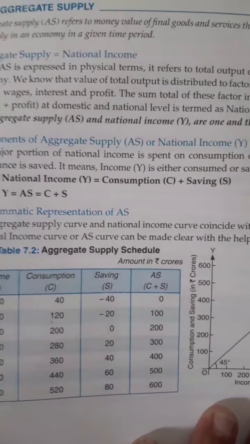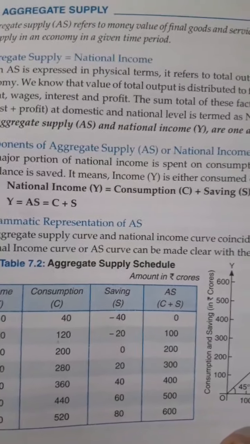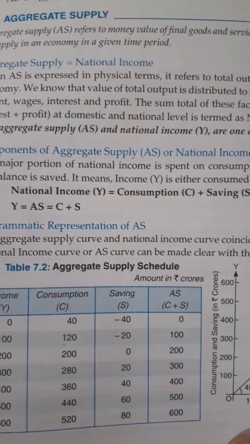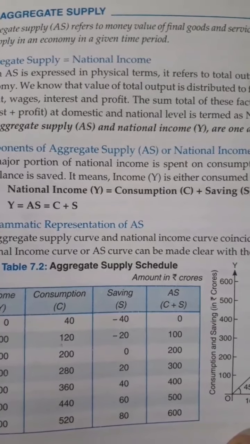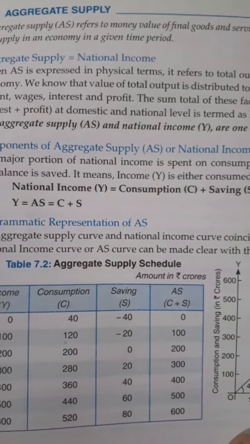It is the sum of consumption and saving. As the AD was the sum of C and I, aggregate supply AS is the sum total of C and S. Aggregate supply can generally start from zero.